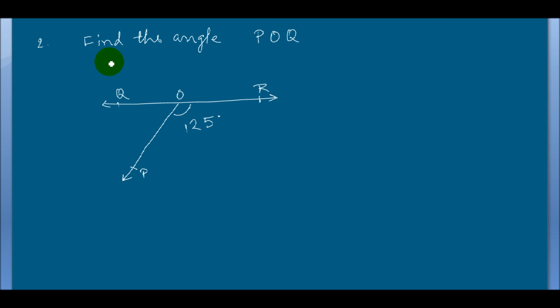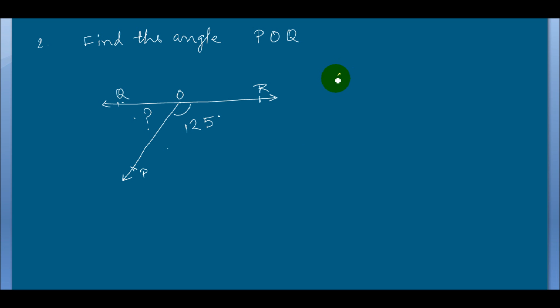Here I am explaining the next sum. Find the angle POQ. That means you have to find out this angle, and the angle POR is given. Now you know these two angles are a linear pair. So linear pair angles are equal to 180 degrees.